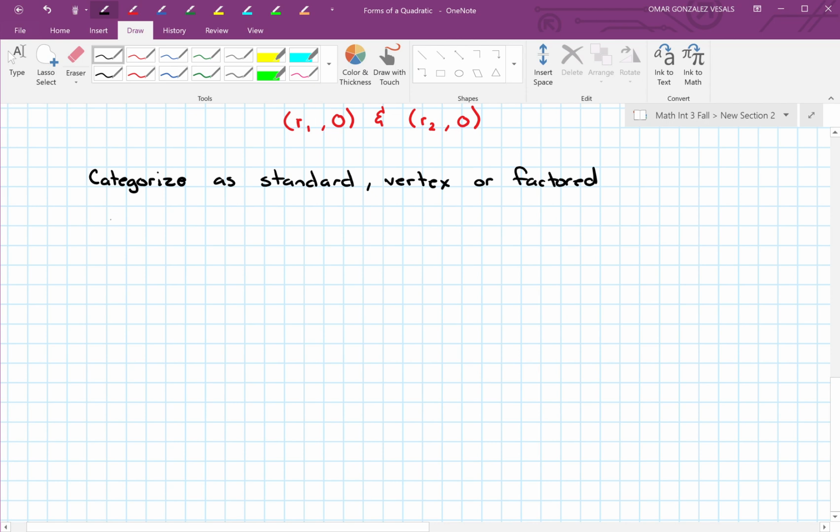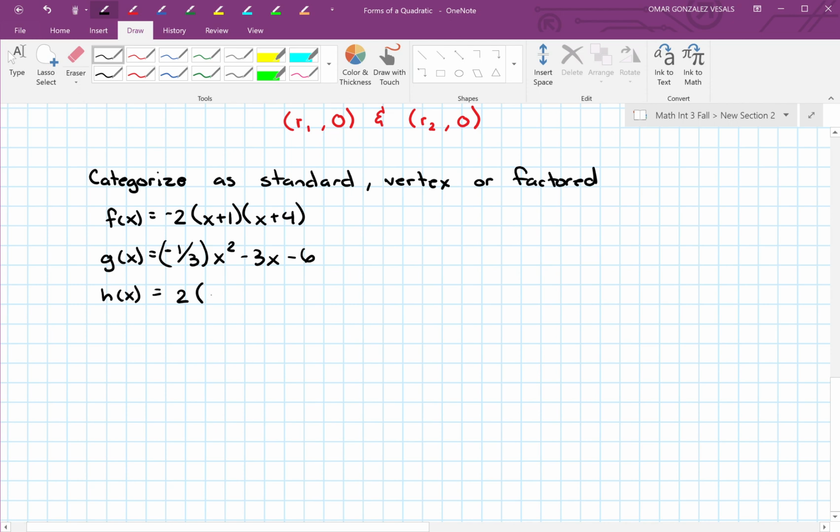So we'll go with f of x equals -2 times x plus 1 times x plus 4. g of x equals -1/3 x squared minus 3x minus 6. h of x equals 2 times x plus 1 squared plus 1.